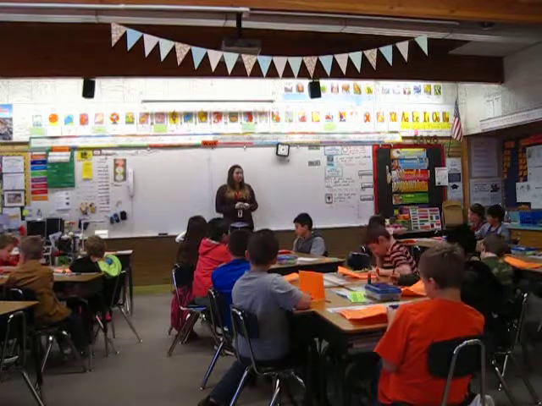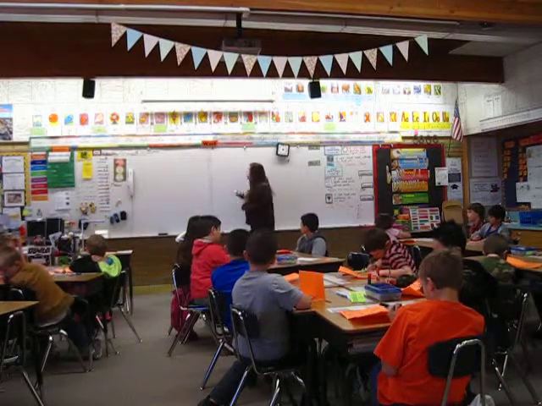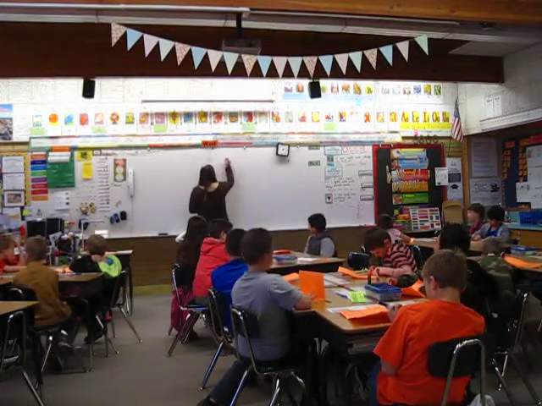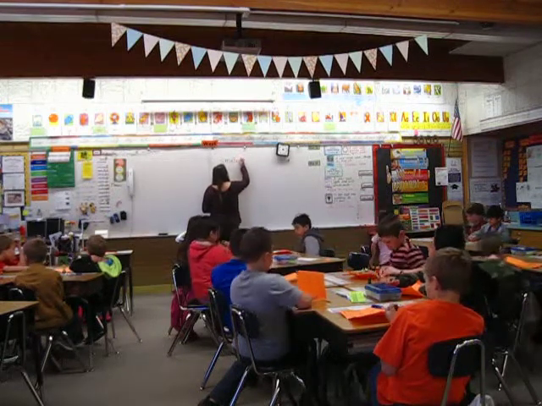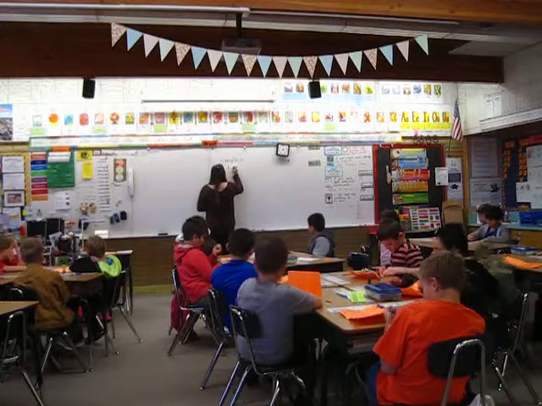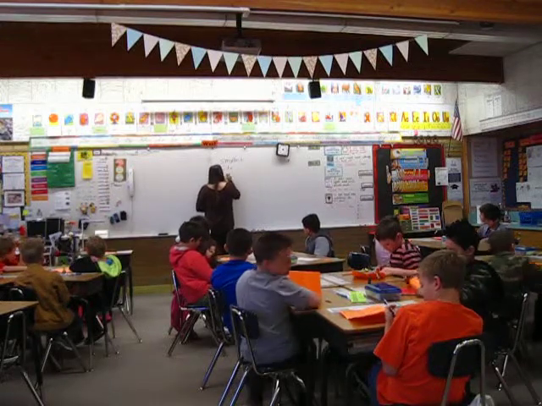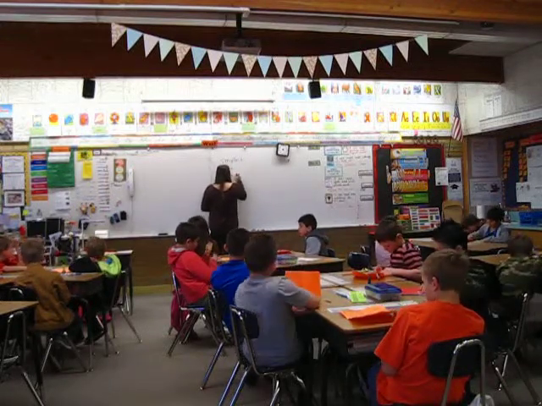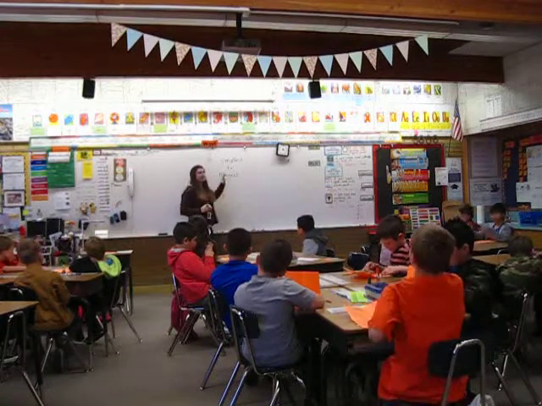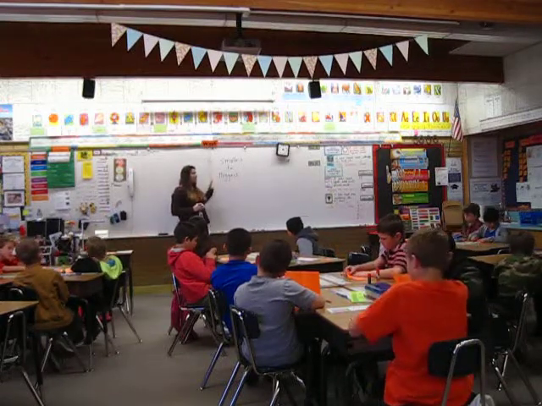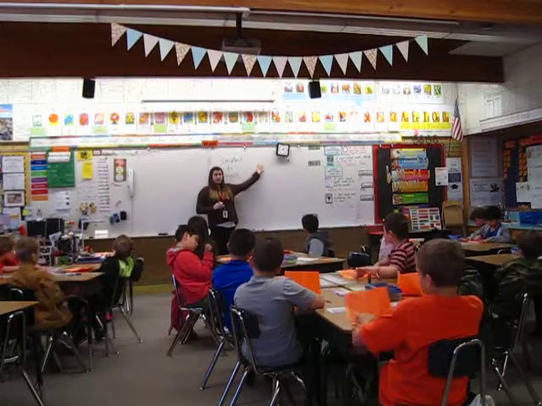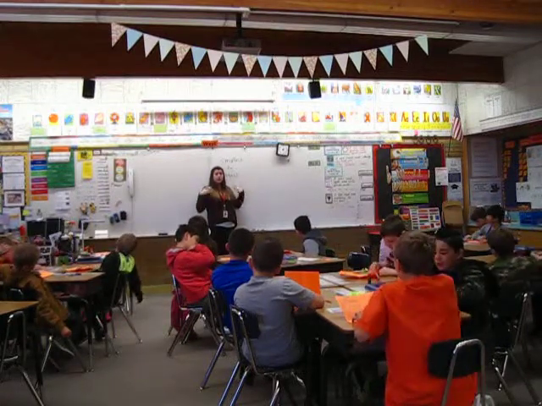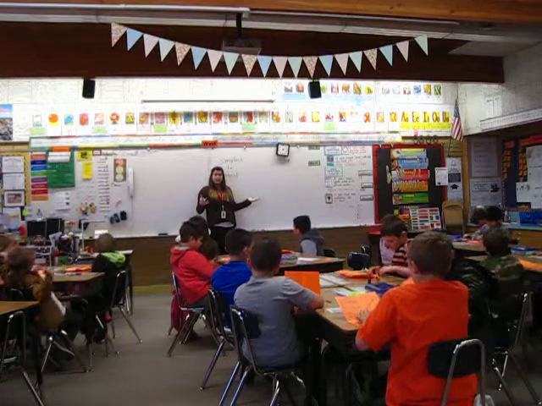Thank you. So, you guys need to order them from smallest, not yet, wait till I say go, smallest to biggest. So, the shaded parts tell you smallest to biggest. If I have 1 shaded, that's pretty small, right? 4, that's pretty big. That means you have all the parts.